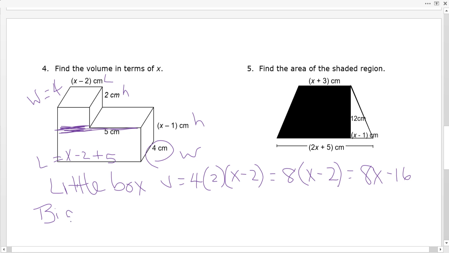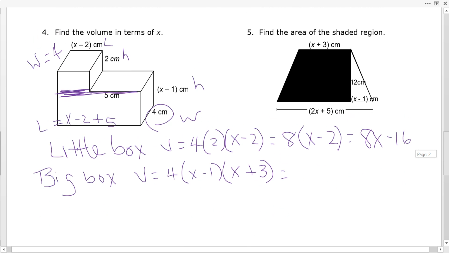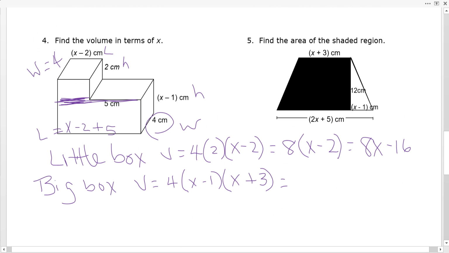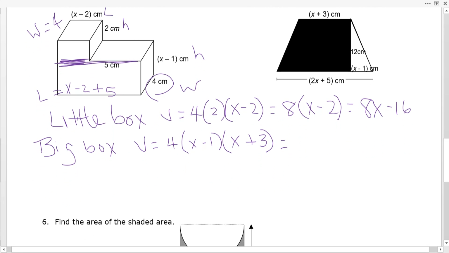So for the big box, I'm going to have 4 times x minus 1 times x minus 2 plus 5 is x plus 3. So I'm going to save my 4, and I'm going to run out of room for number 5, that's for sure. Okay, I'm going to make a box.